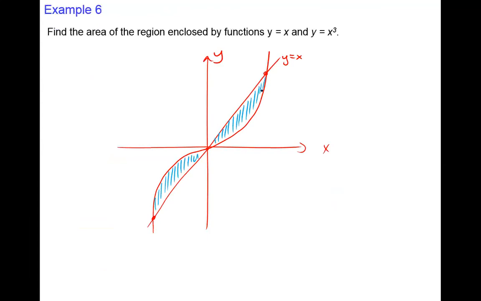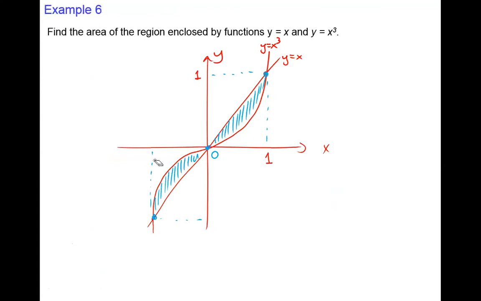If I was taking a test, I would start with this, because I know x cubed looks like that. I see this is of course 0, and I see this. What will be the points of intersection? For what x values are x and x cubed the same? I think it's 1, because 1 cubed is also 1, x equals 1.